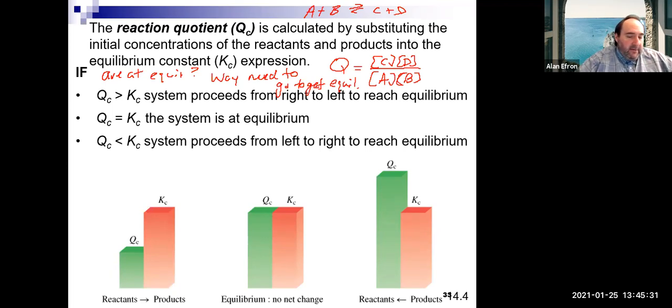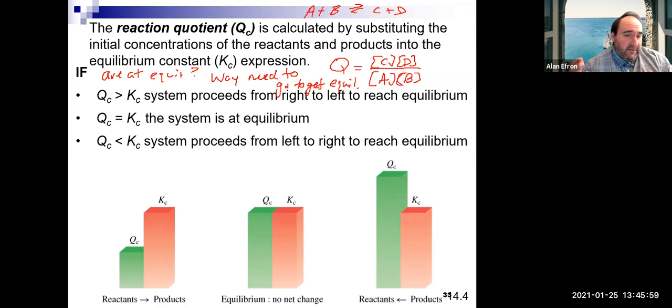Clearly, in order to calculate Q, and since it's calculated the same way as K, you need to have the concentrations of everybody or the pressures of everybody in order to actually calculate it. So that's one really big hint as to whether or not you should calculate Q: you're given the starting amounts of everybody. What I mean by that is you're given the amounts of the reactants and the amounts of the products.